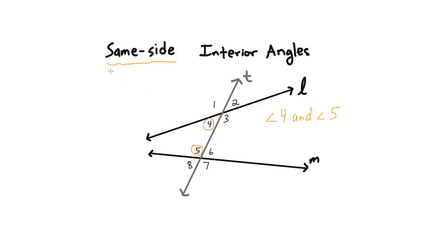So the other same side interior angles are angles 3 and 6. So we can write angle 3 and angle 6 as the other pair of same side interior angles. And again, that's because angles 3 and 6 are on the same side of the transversal.